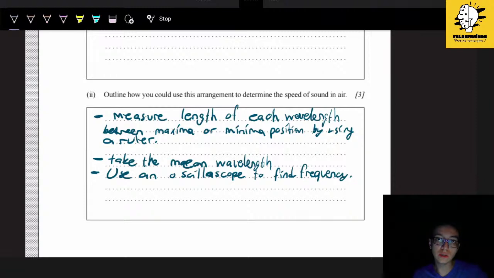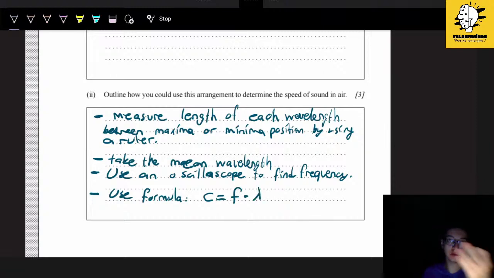A frequency meter, you may say even an electronic guitar tuner, anything you can say. Then you will say use the formula. Which formula? C, meaning velocity of sound, is equal to F frequency times lambda wavelength. Hence you will find C.